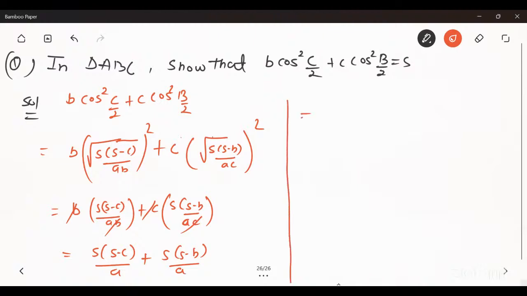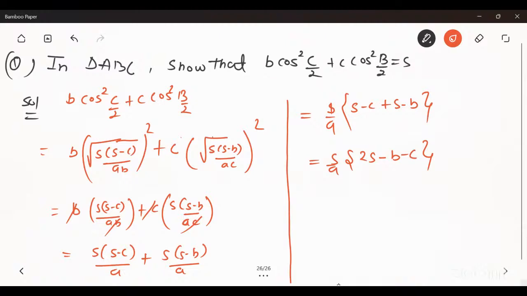So if you take a and s common, you will get s minus c plus s minus b. Okay, so the value will become 2s minus b minus c.